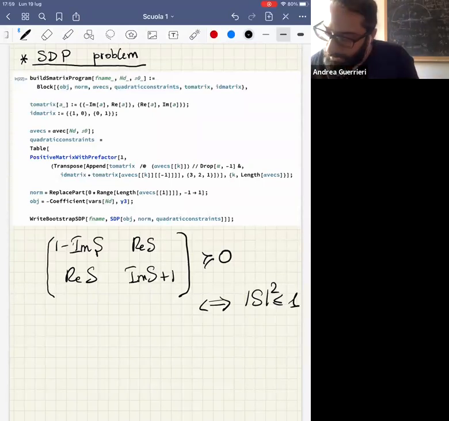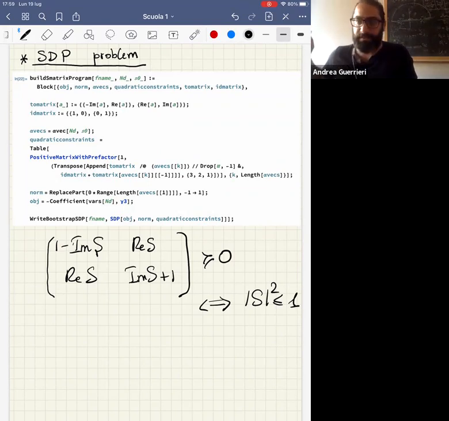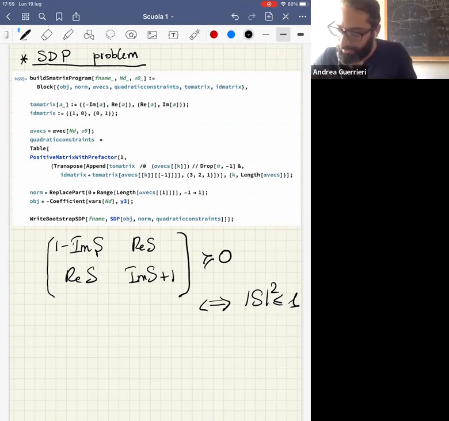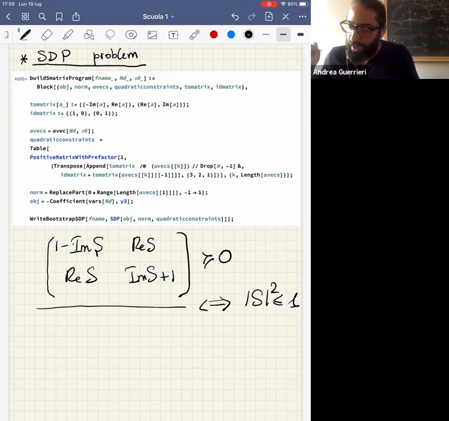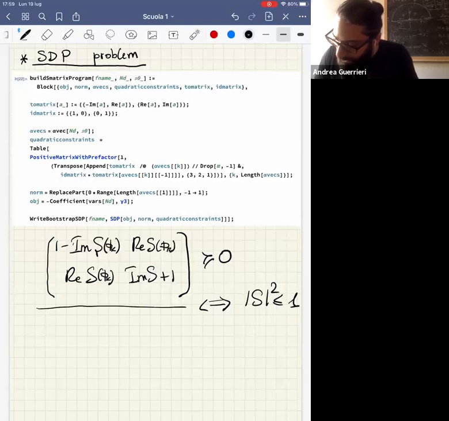Okay. So this is done in this part of the code that you will find in the lecture that I attached. What I just wanted to say here is that unitarity can be cast in this way, and this S will be evaluated on the grid points, phi k.